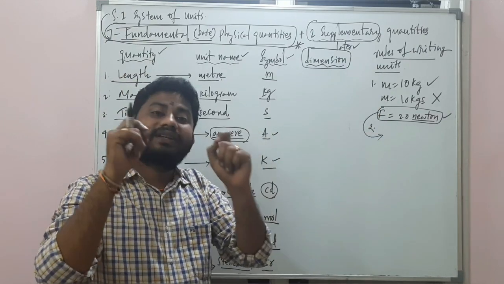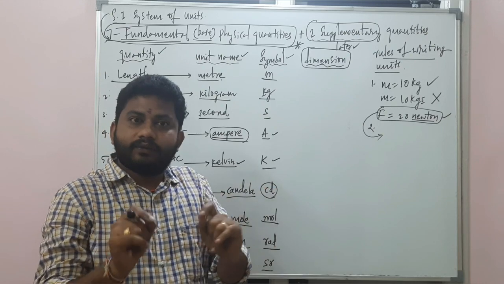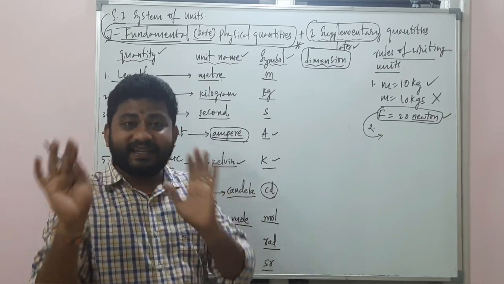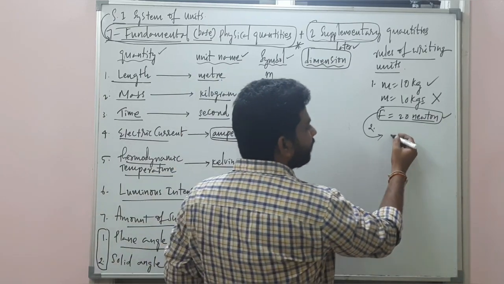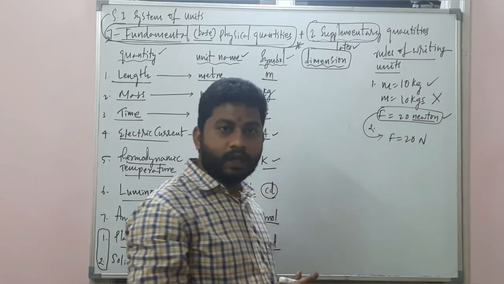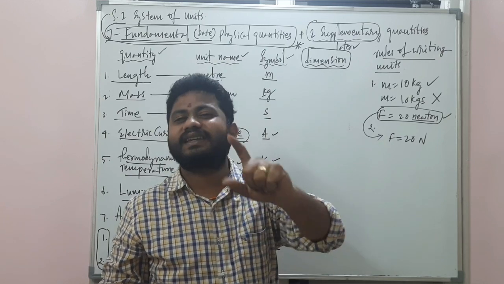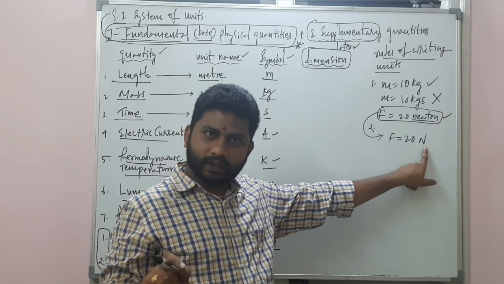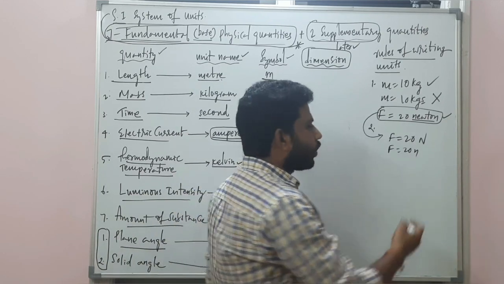When the name of the unit is the name of a scientist, so Newton is the scientist's name, then you can write the force is equal to 20 newton. If you want to write the symbol of the unit with a single letter, it must be a capital. If I write F is equal to 20 small n, it's wrong.